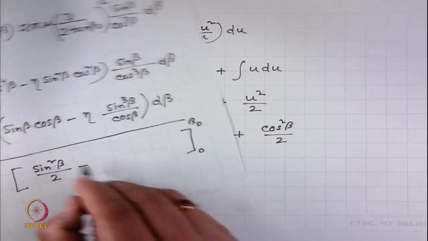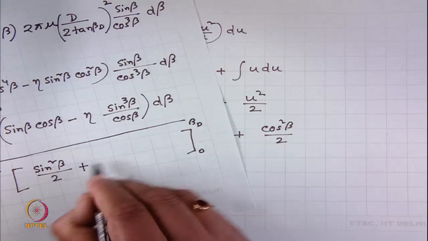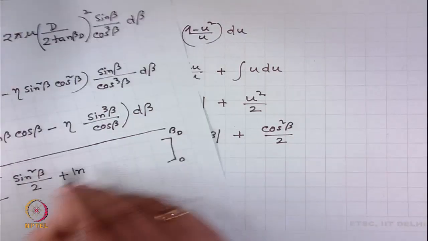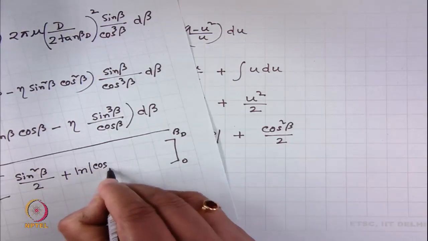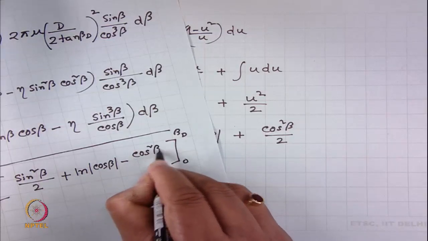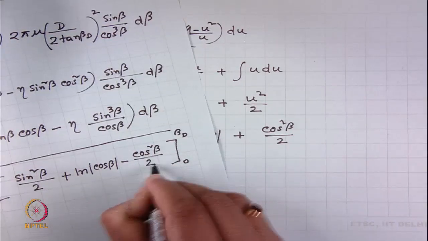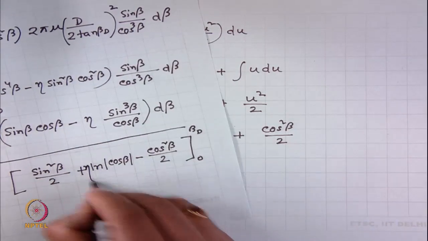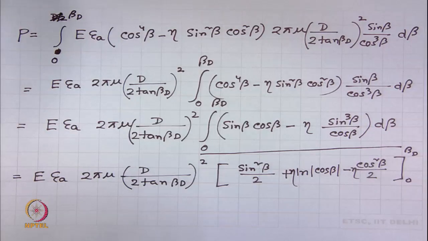So, minus into minus will be plus eta ln cos beta minus eta cos square beta by 2, and this will be multiplied here. So, we will now write this.